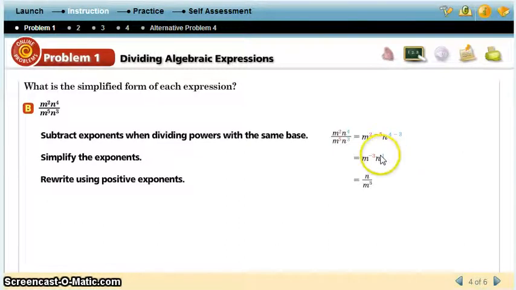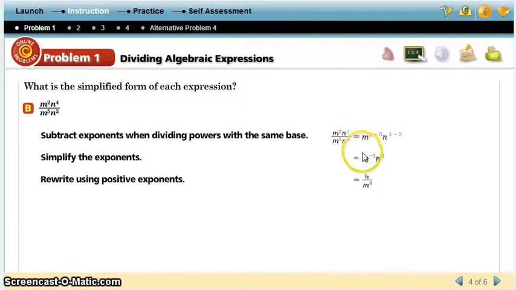Now I can't do anything once I've done the subtraction here. We've got the red and the blue. I can't do anything with m and n together, because they're not like bases. So don't try to add exponents up here. These are not like bases. But what I do have left over is this negative exponent that has to be moved. So what they did was move it to the bottom of the fraction.